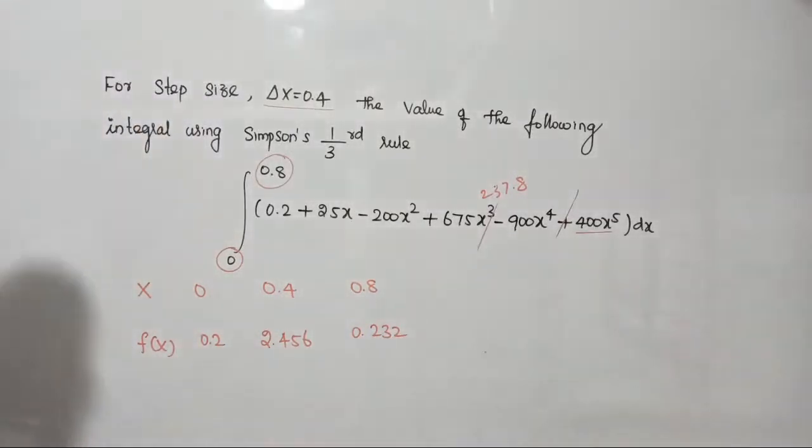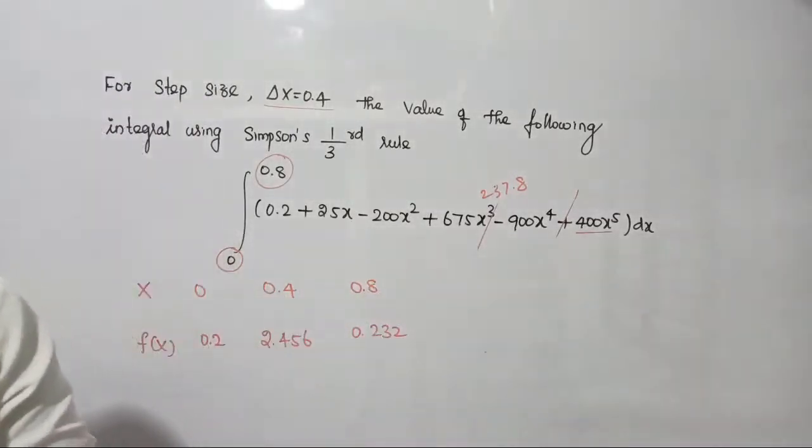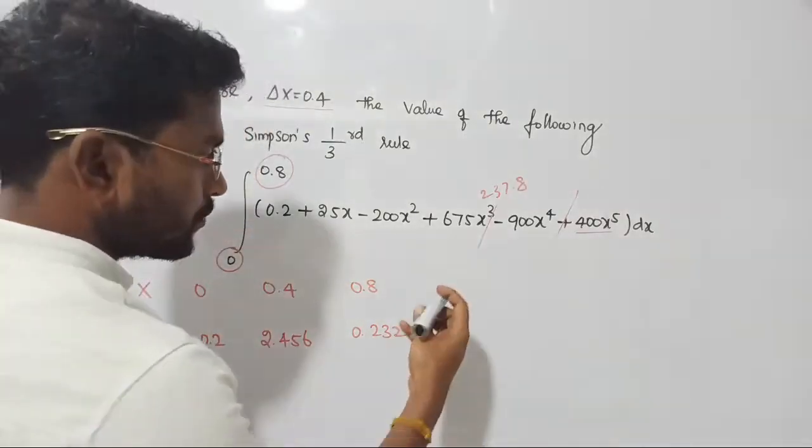Clear? Yes. Now let's substitute. We know the formula, right? The formula is the Simpson one-third rule formula.